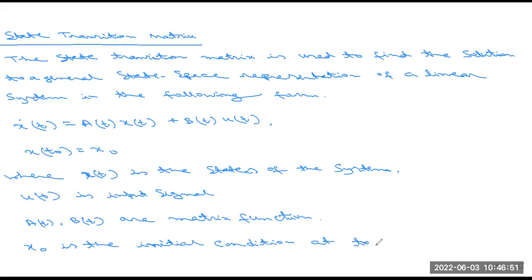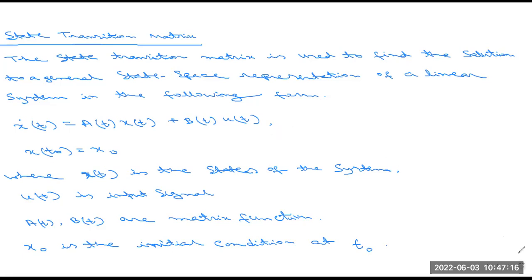Not t, sorry, this is t0. So these are the general linear system equations for the state transition matrix. Up to this part it is clear to all of you.